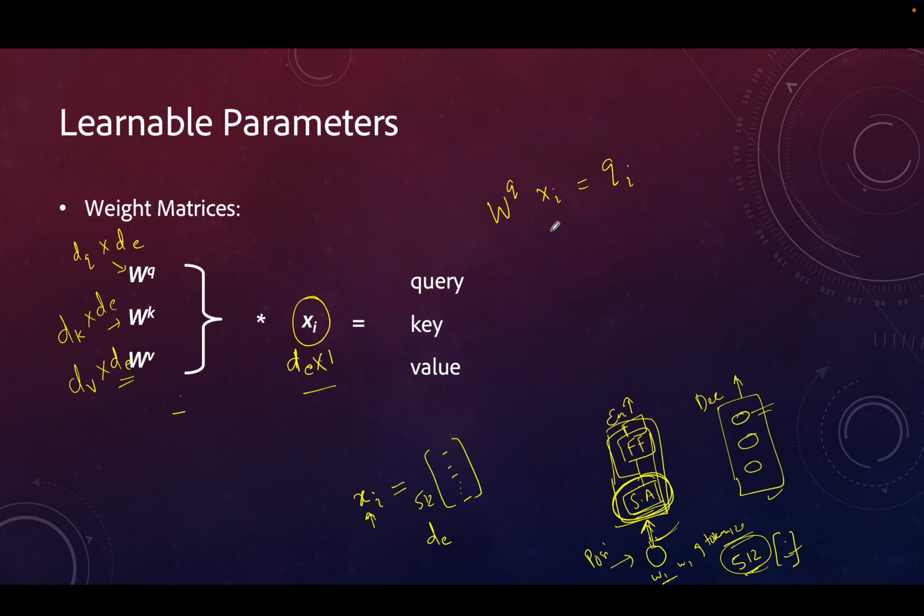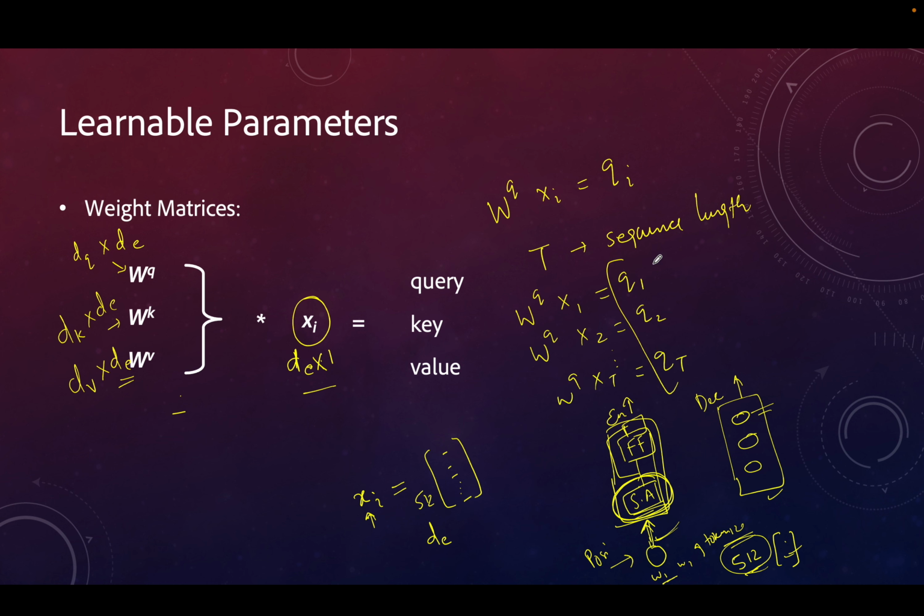It will be done for all the words in the sequence. Let's say T denotes the sequence length, or the number of tokens. Then WQ times x1 will give you q1, WQ times x2 will give you q2, and so on. WQ times xt will give you qt.